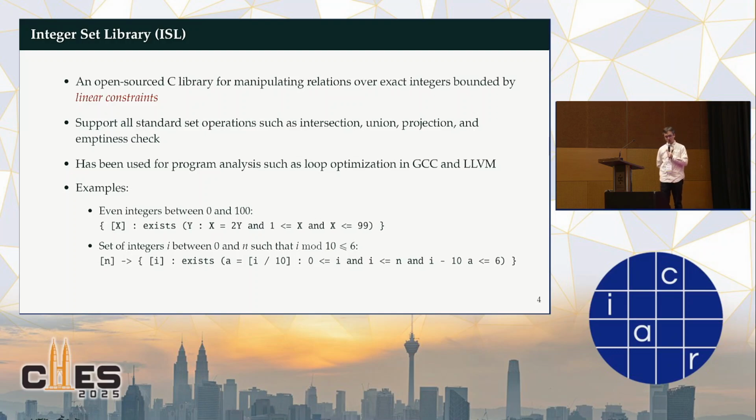Here I show you 2 examples that can be represented by the ISL library. It can represent even integers between 0 and 100 by the following formula. It can also represent a set of integers i between 0 and n such that i mod 10 is smaller than or equal to 6.